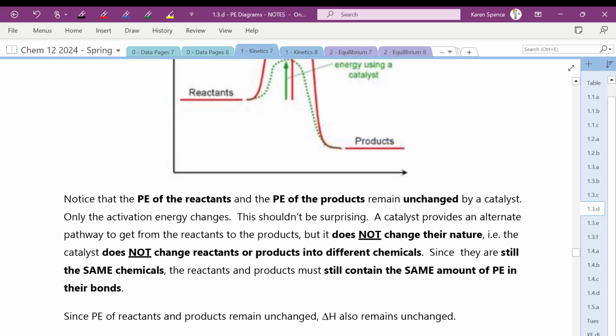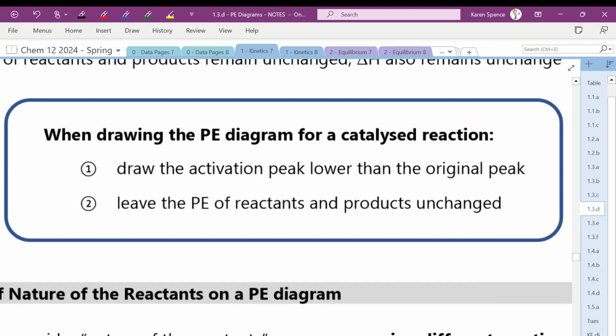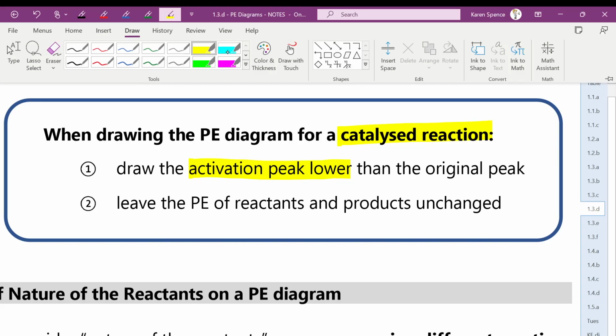Okay, this just says that the potential energy of the reactants and the products remains unchanged. So when drawing a potential energy diagram for a catalyzed reaction, you want to make sure that the activation peak is lower for the catalyzed reaction, but you will leave the potential energy of the reactants and products unchanged.